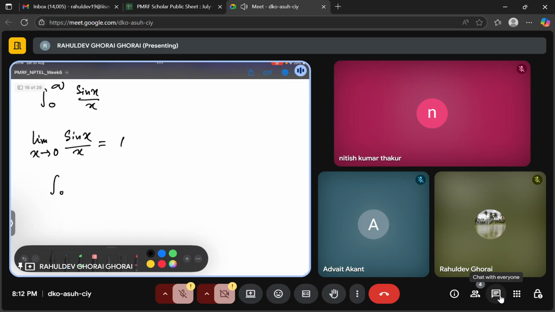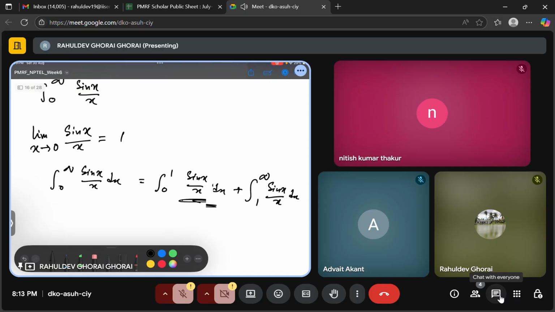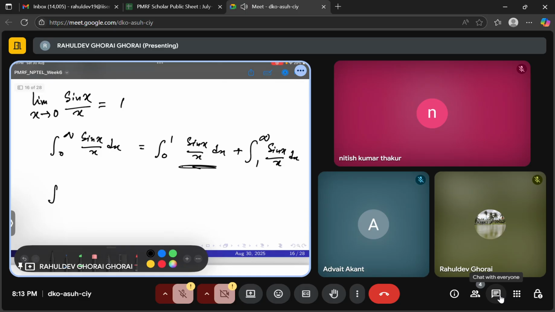So this integral from 0 to infinity of sin x over x dx can be written as the integral from 0 to 1 of sin x over x dx, and we know it has no issue because it has no discontinuity, plus the integral from 1 to infinity of sin x over x dx. Why I'm taking this, you will understand.